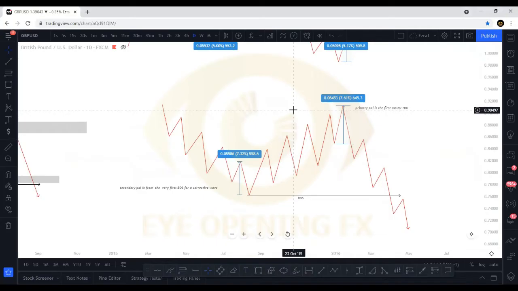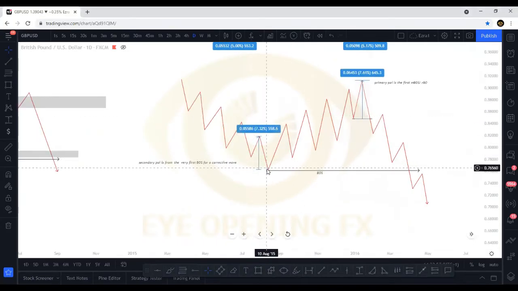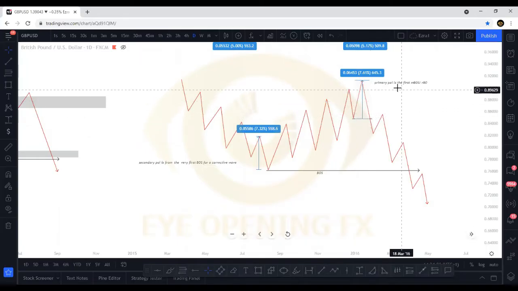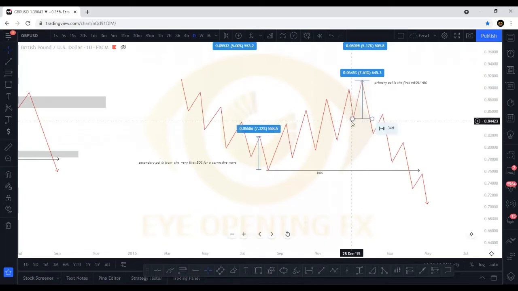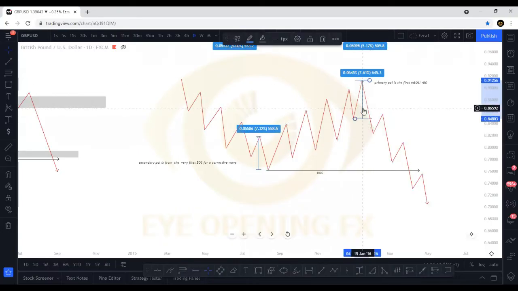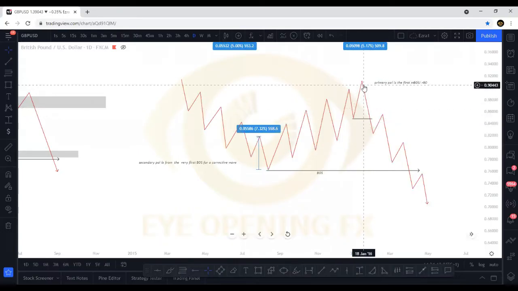So now this is a low, a lower high. This is where we have the first BMS, or range structure, or minor BMS. Since this is where we have range structure or minor BMS, this area from this low to this high is what we call primary point of interest.